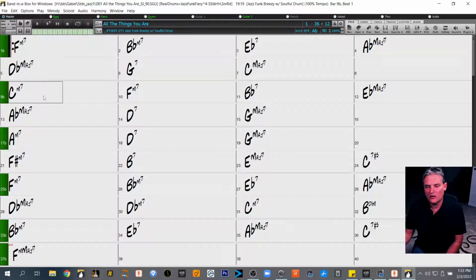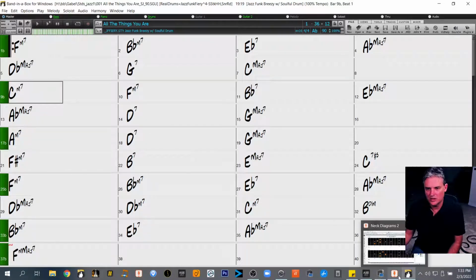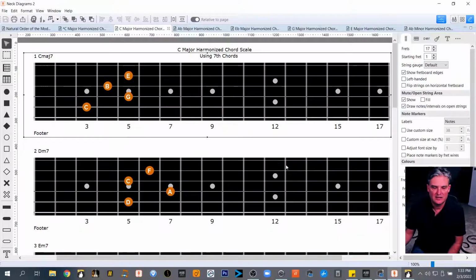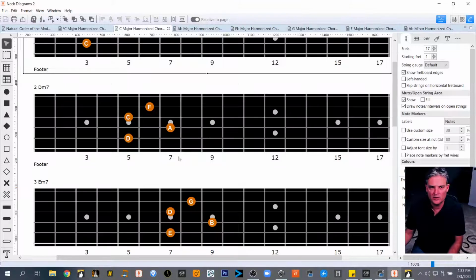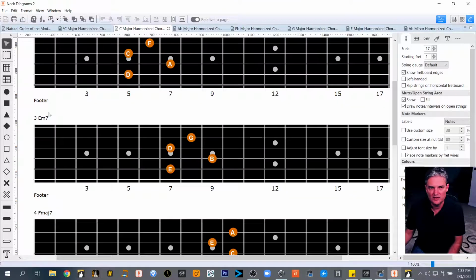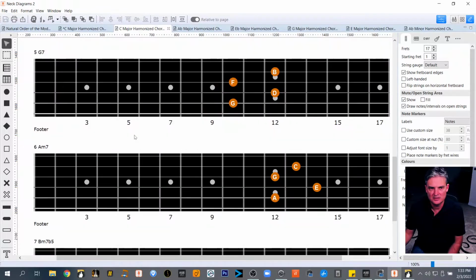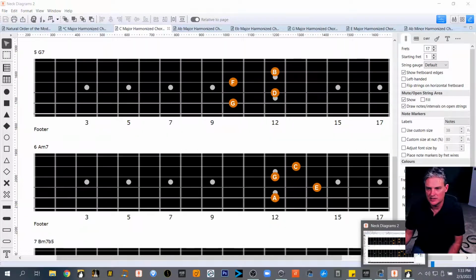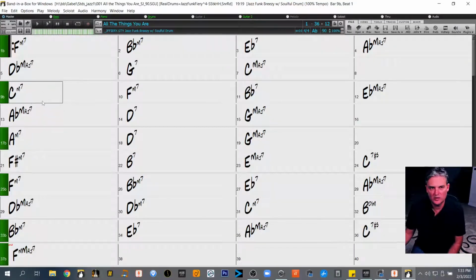Now when we look at the harmonized chord scale, we notice that we have minor chords off the 2, the 3, and the 6. So now we have to determine: is that a 2 chord, a 3 chord, or a 6 chord from a particular key?